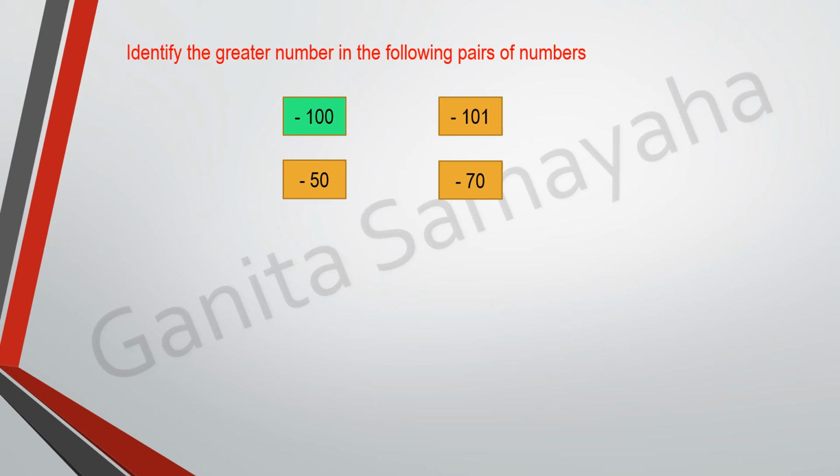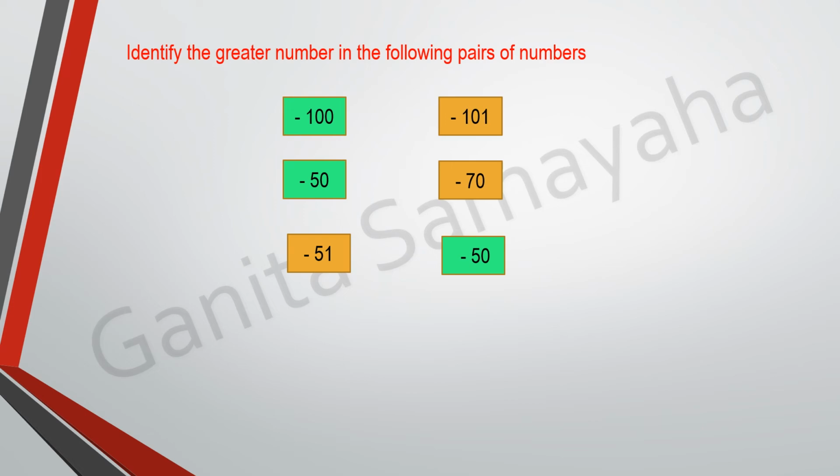So minus 50 is the greater number. So if you have two negative integers, this is how you have to analyze it. One more, minus 51 and minus 50. Which is the greater number? Minus 50.